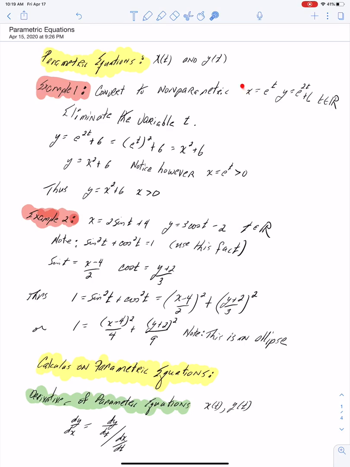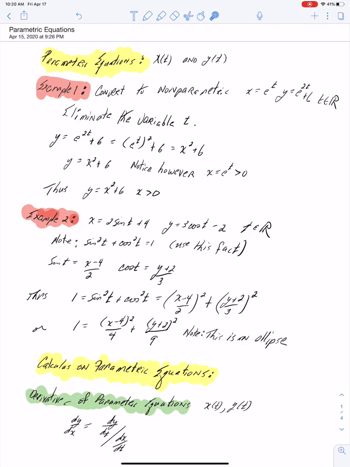Now I have to go up here and look. x is e to the t, right? My parametric equation. Well, e to the t is a special function. It's strictly greater than 0. So while this function makes sense for any x, my parametric equation only makes sense for x greater than 0.